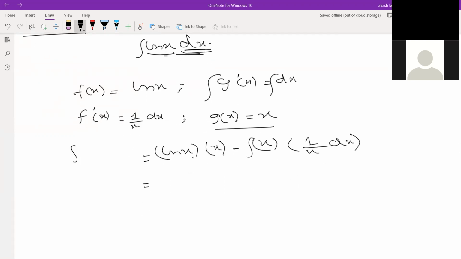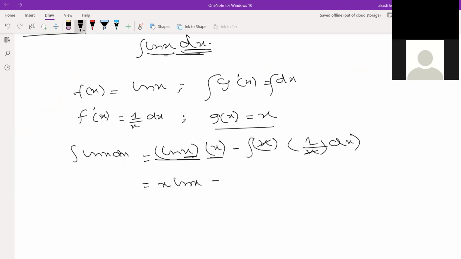Now we multiply the first part. When you multiply the first part, it becomes x ln x. It won't become x square; x is multiplied with the whole ln x. So it becomes x ln x minus, and this x will be cancelled out.